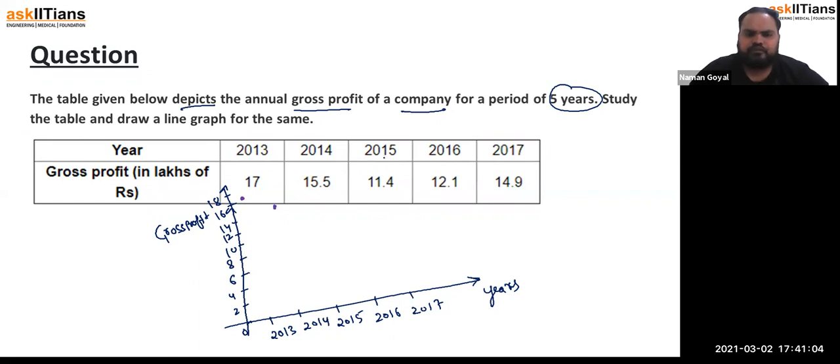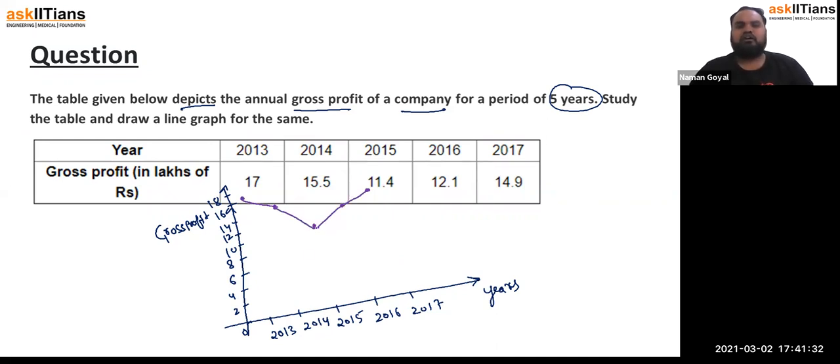Now 2015, it is 14.4, so it will be like this. 2016, it is 12.1, like this. 2017, it is 14.9. So we got this graph. Now we have to connect these markers by a line.